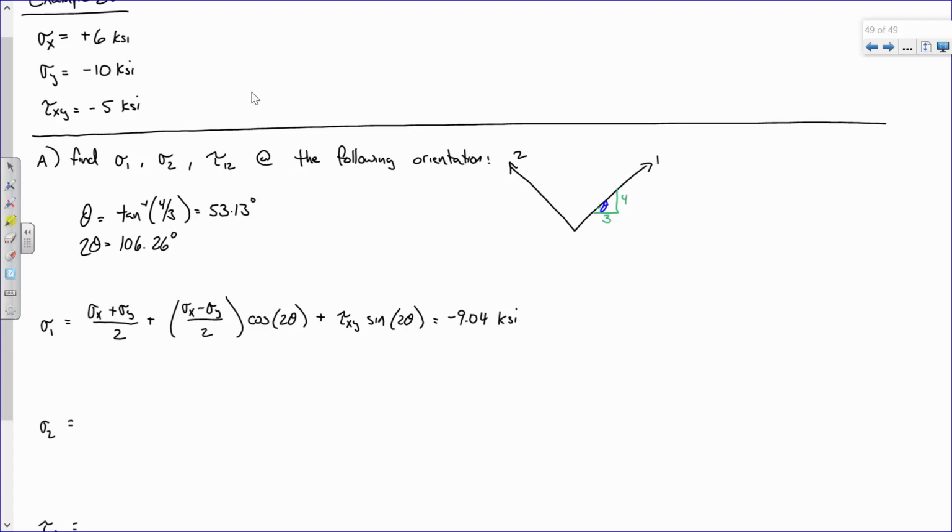So sigma x was 6 KSI in tension. The sign matters, okay? And from a material standpoint, the sign can matter a lot. Like, for instance, in concretes for you civil engineers, or for ceramics for you mechanical engineers, those materials tend to operate very well in compression but very poorly in tension. So that actually does matter.